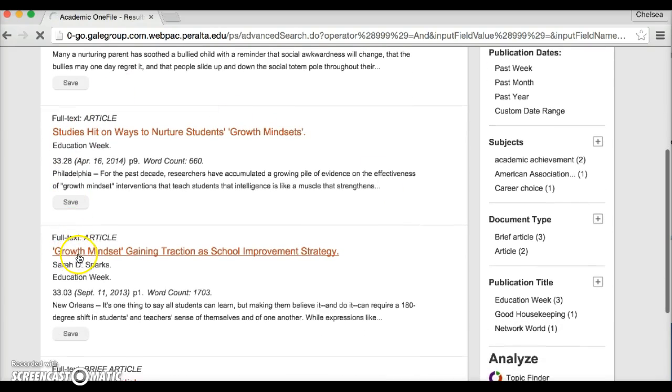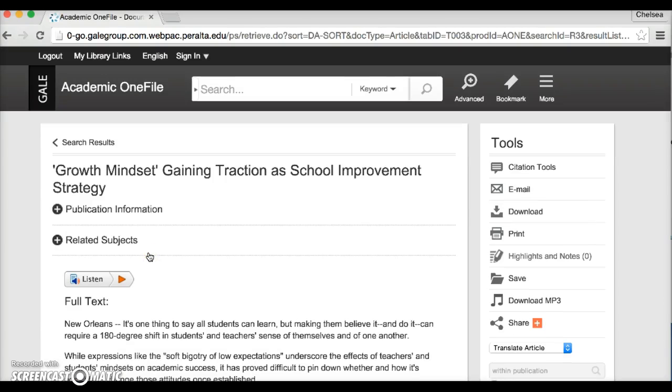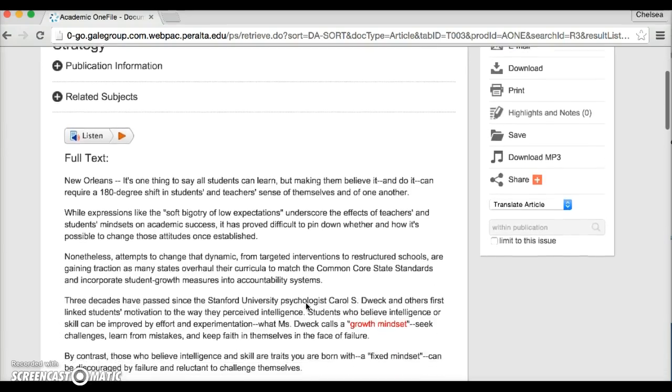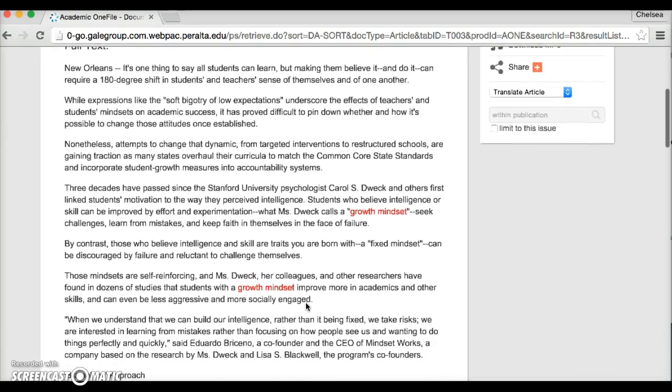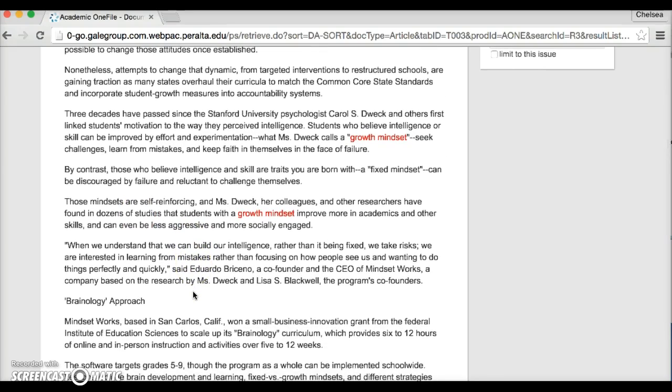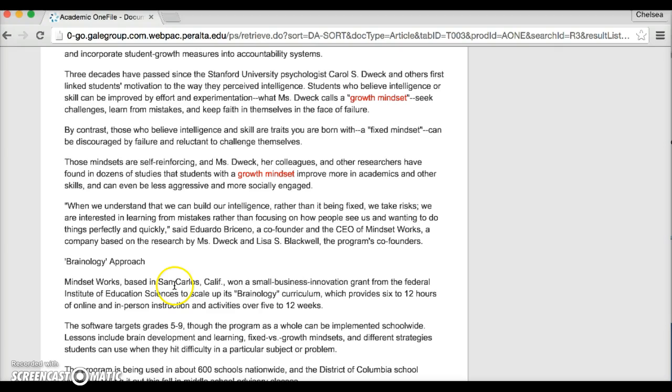This one looks good. Growth mindset gaining traction as school improvement strategy. So I'm looking at this, skimming quickly through here. And it looks like already there's a curriculum called Brainology, which provides 6 to 12 hours of online and in-person instruction over 5 to 12 weeks.